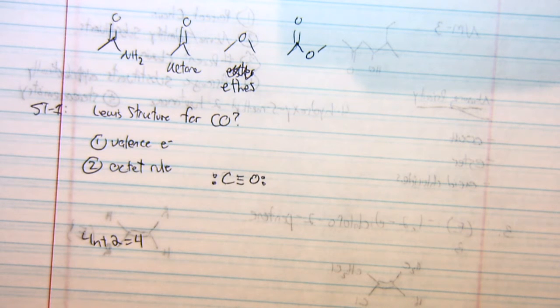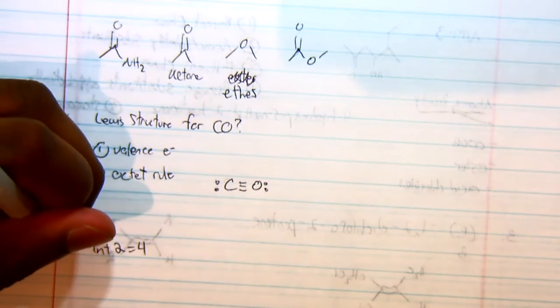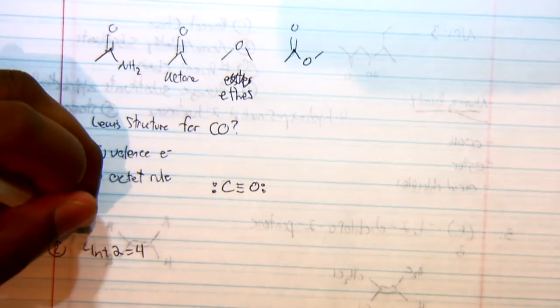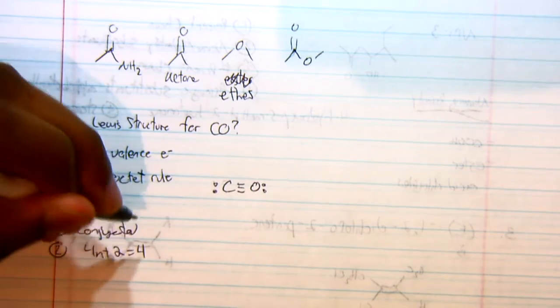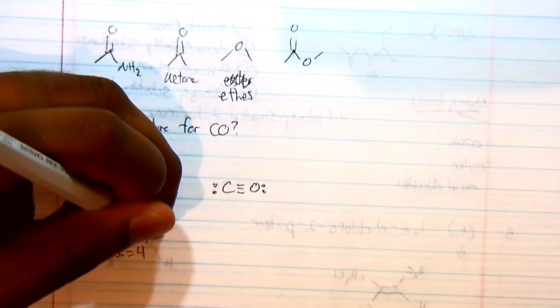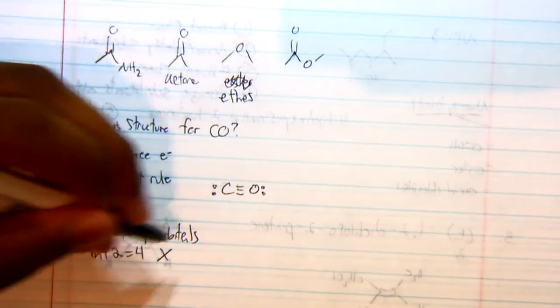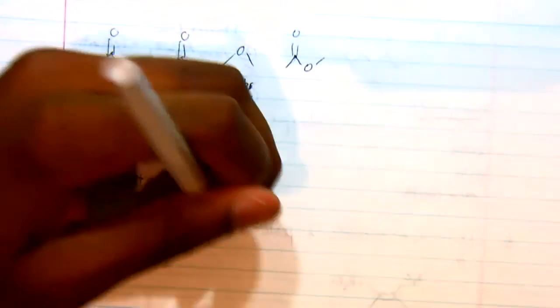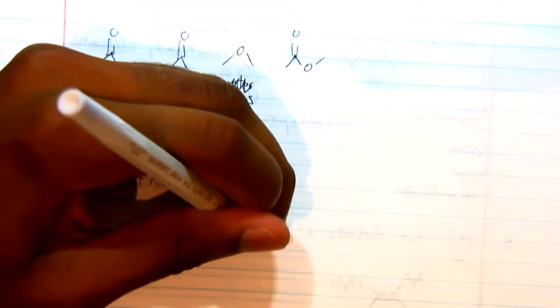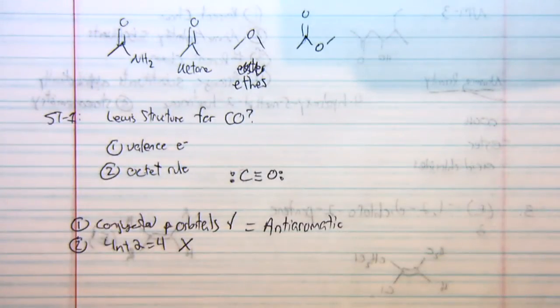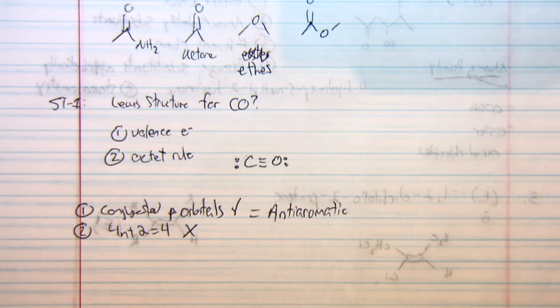So if it doesn't fulfill Huckel's rule, which is the second one, but fulfills the first one, which is conjugated p orbitals, it's going to be anti-aromatic. So the first one wouldn't be aromatic. Do you guys see why the first one's not aromatic? We're all good with that?